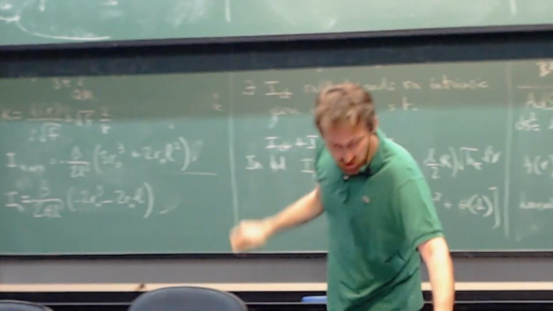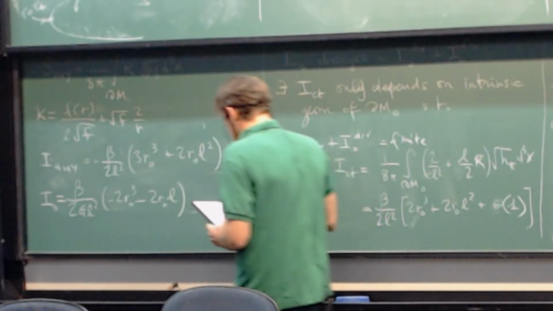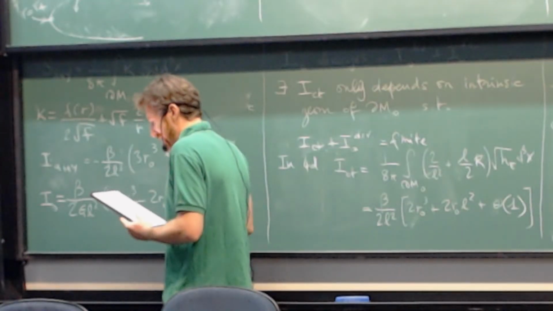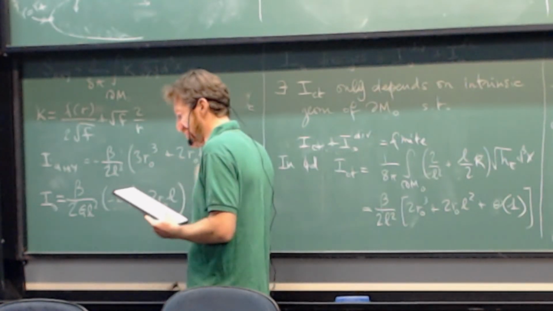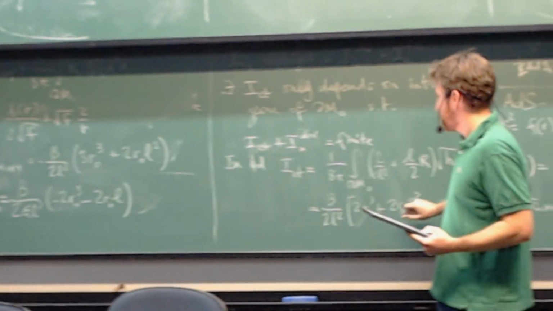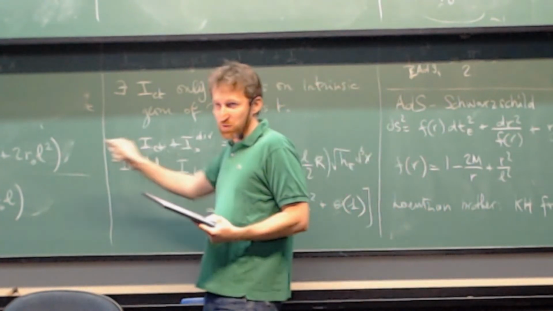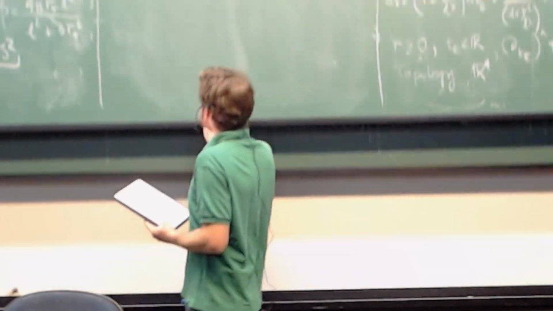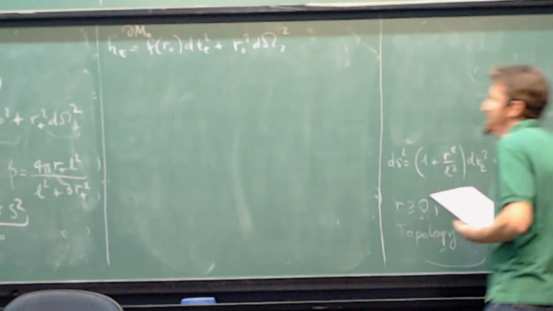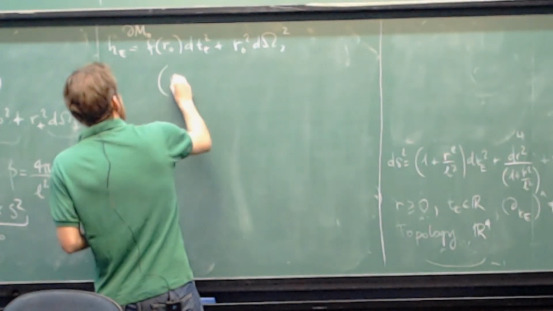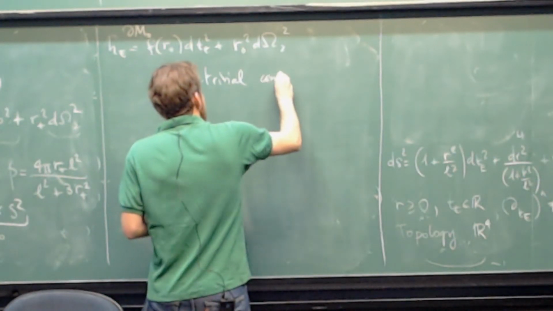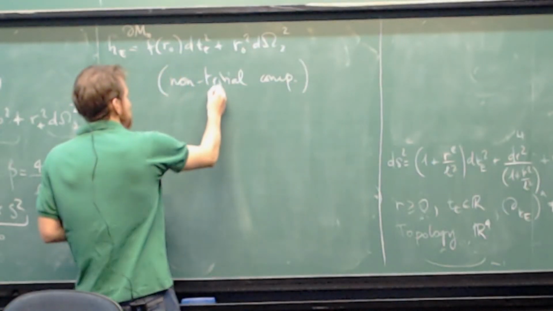The Gibbons-Hawking-York term is also different. And then you can compute the counterterms. They add to the previous case. So here there is a non-trivial computation which is in the lecture notes.